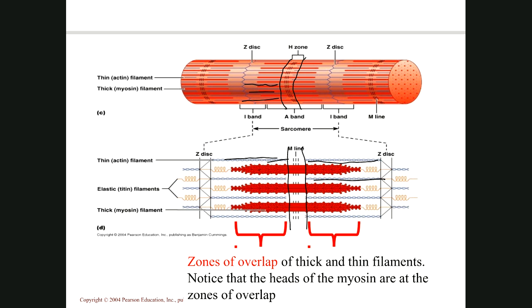That area is called the H zone. I wouldn't worry about the M line too much. The H zone will be that area right here. That's the H zone.